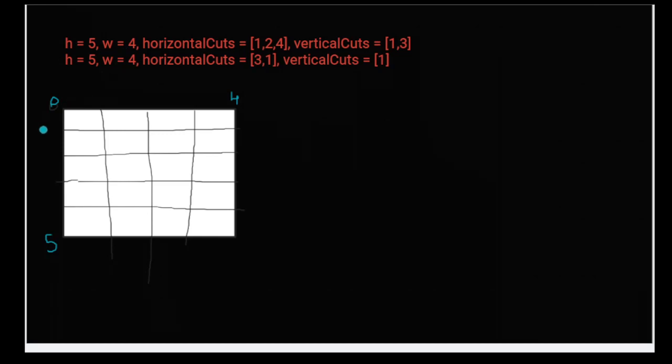Let's see, the person initially cuts one like this, then again at 2, one cut like this, and then again one cut like this. Now comes vertical. The person cuts at 1, then at 3.